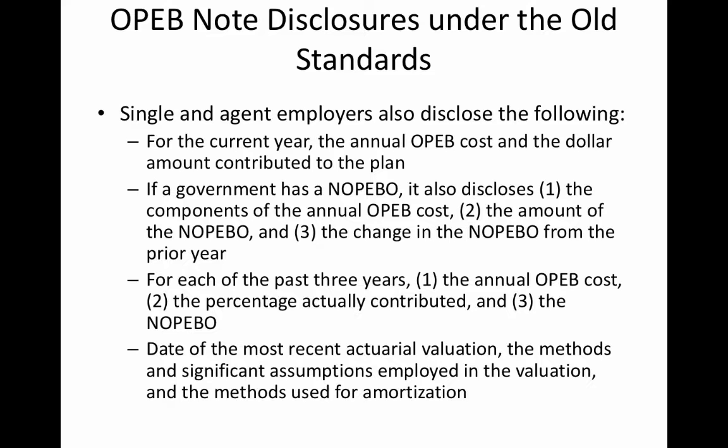If they have a net OPEB obligation, they disclose how annual OPEB cost was determined, meaning the ARC and then the adjustments and then the annual OPEB cost, the amount of the net OPEB obligation and the change from the prior year. For the past 3 years, they will show what their annual OPEB cost was and the percentage of that which was actually contributed. And if they have a net OPEB obligation, they'll show that as well.